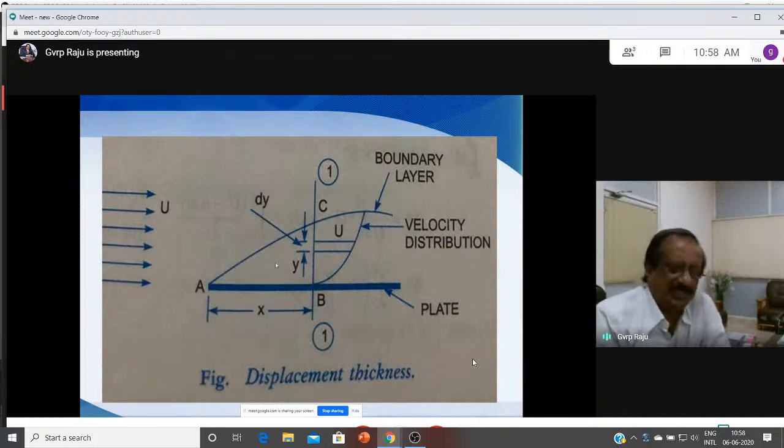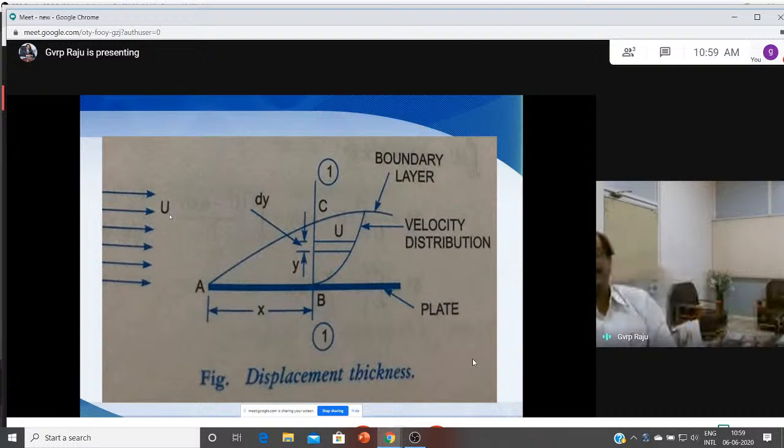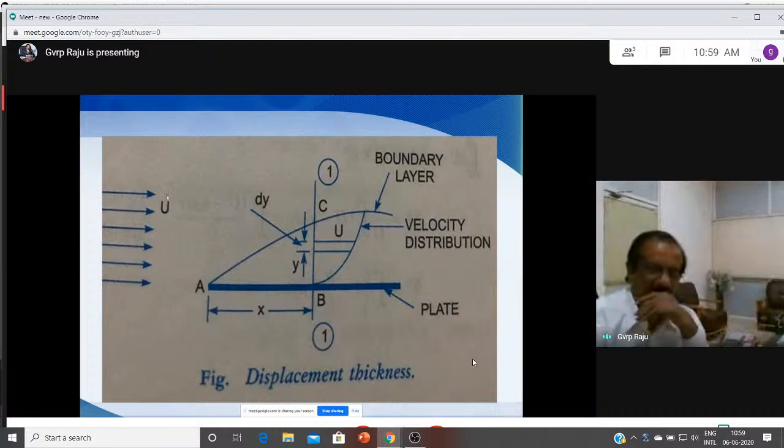Let us say the velocity of the fluid is increasing. Earlier we had some other velocity, now the fluid velocity is increasing. Then what happens to the boundary layer thickness?